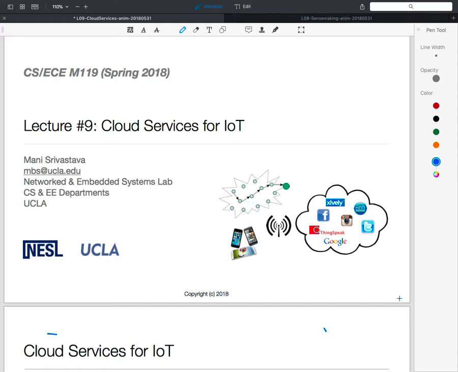So a lot of products, even though you could conceivably do things at the edge, increasingly rely on a cloud service. A great example are things like thermostats, Google's thermostat for example, or security cameras. A lot of these things in the past used to just rely on things at the edge and send out some sort of notification. Now they basically take a round trip through the cloud.